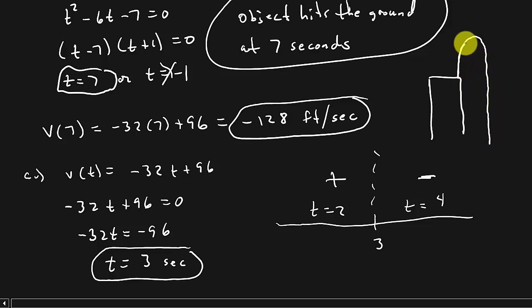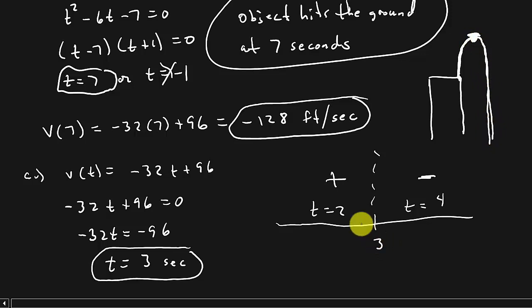So the ball is traveling upward, okay, from time t equals 0. That's when you throw it at time t equals 0. It's traveling upward, and it reaches this height here after 3 seconds, and then it starts falling back to the ground.